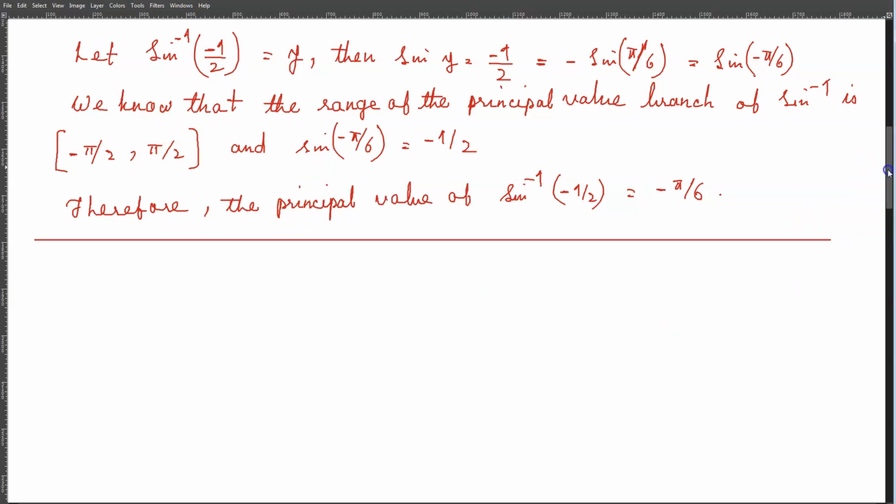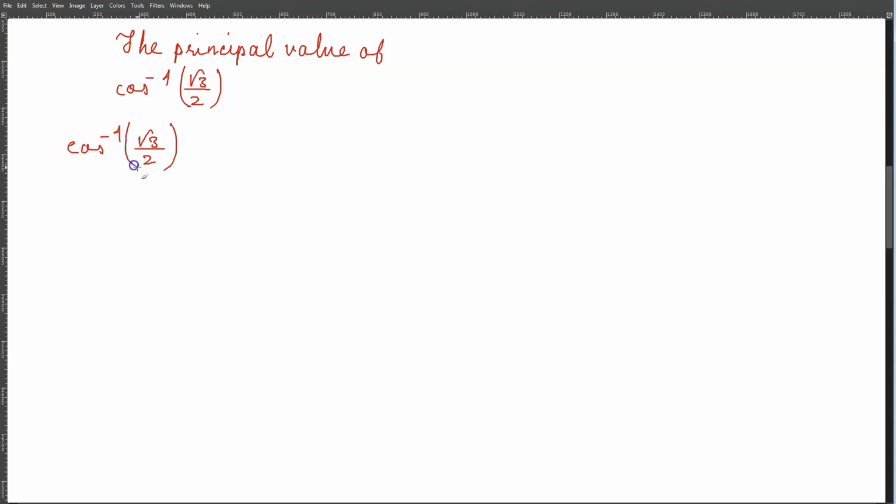Now, if I set cos inverse of square root of 3 by 2 equal to y, then that means that cos of y is equal to square root of 3 by 2, right?